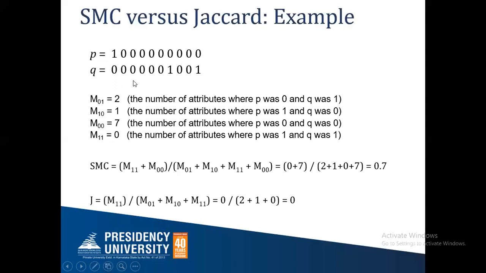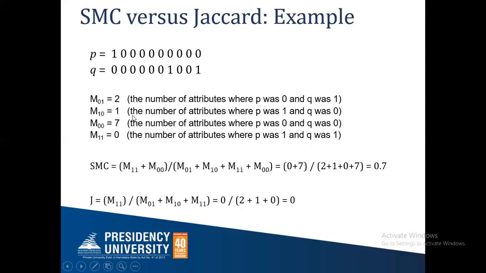Next, M10. P is 1 and Q is 0 in the leftmost bit. So that is a count. Nowhere else do we have P is 1 and Q is 0. So M10 will be 1. Next, we count the number of attributes where P is 0 as well as Q is 0. So 1, 2, 3, 4, 5, 6 and 7.